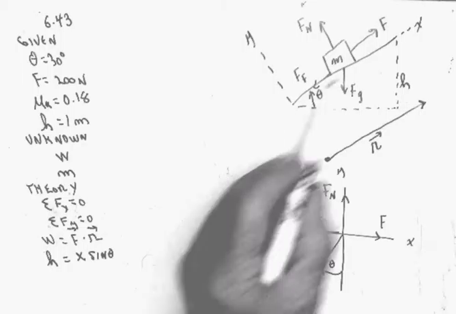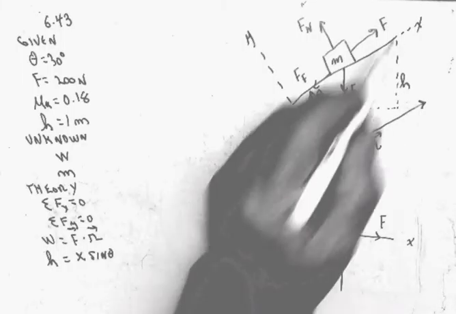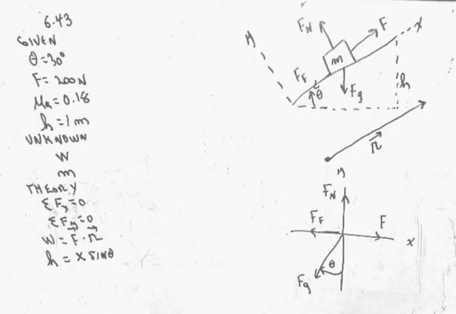So we're going to need the relationship between the height that the block is moved and the distance it moves up the incline, which is x. You'll find that by using the sine of the angle. There's the hypotenuse, and there's the vertical distance we're going to move it. So those are what we need in order to perform these calculations.